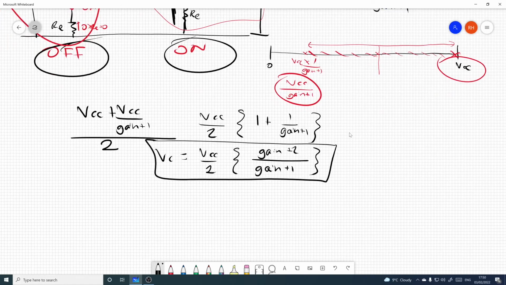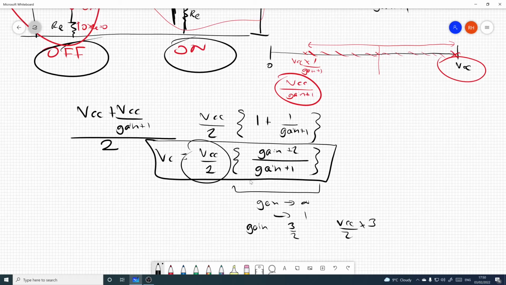In the case that the gain is large, as gain tends to infinity, the bracketed part here just tends to 1. But say you've got a gain of 1, which is much lower, then you've got 3 over 2 as the factor against half rail, which would be VCC over 2 times 3 over 2, which is equal to 3/4 of VCC. Now that makes sense if you think about it, because if you've got a gain of 1, then you've got R here, some sort of transistor, and R here.